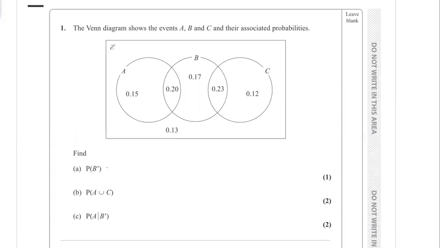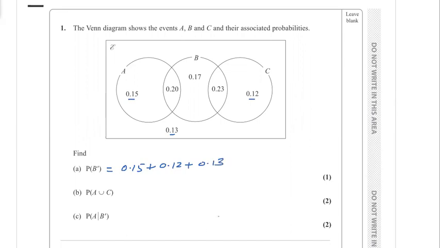Now to find the probability of B complement, I mean outside the B. So what probabilities are outside the B? If I consider outside the B, that is 0.15, 0.12, and 0.13. So it will be 0.15 plus 0.12 plus 0.13.